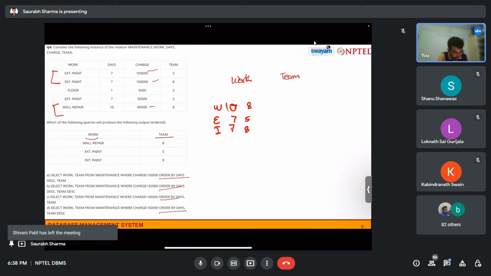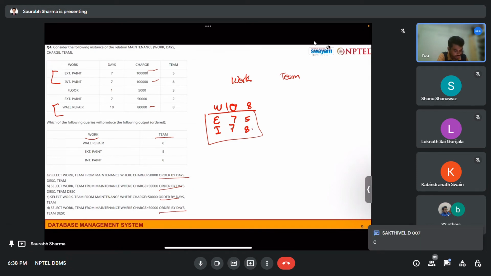We will go by ascending order only for these two where we have a tie. In ascending order we get 5 and 8, so E, then I. No, that will not be C, that is not the correct answer.